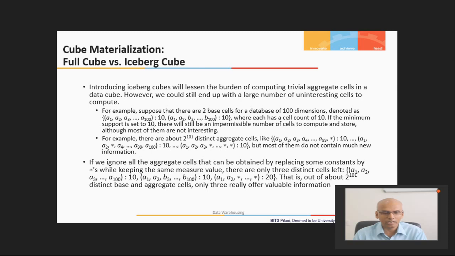In the first two dimensions, A1 and A2, the same values are repeated, and then the other dimensions have different values. Now if you again look at the distinct aggregates, you are going to get about 2 to the power of 101 distinct aggregates, and when you look at them, you get a value like this.